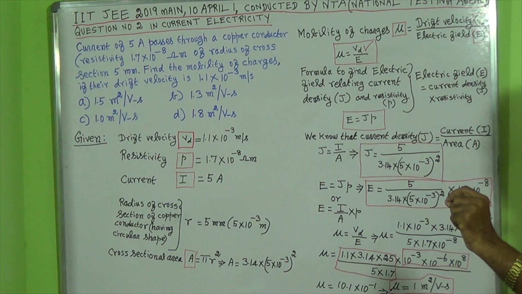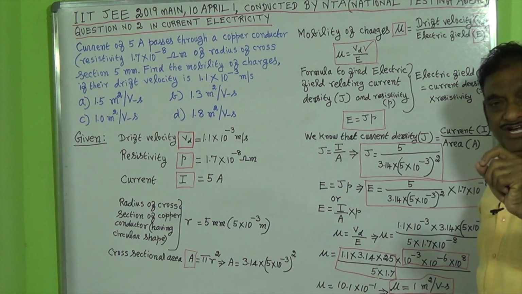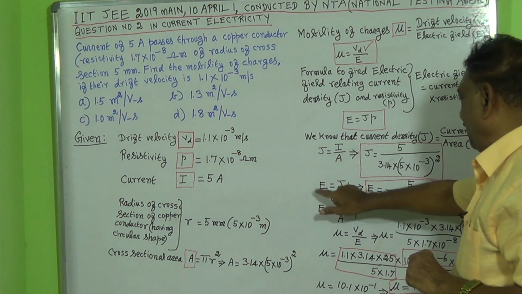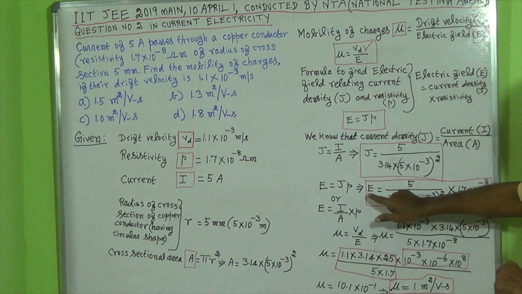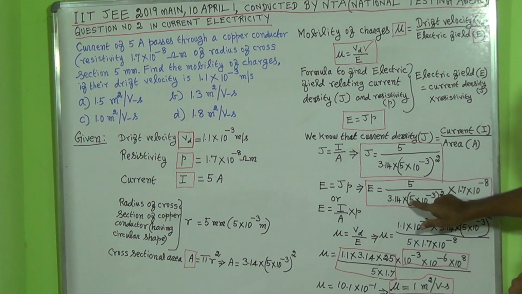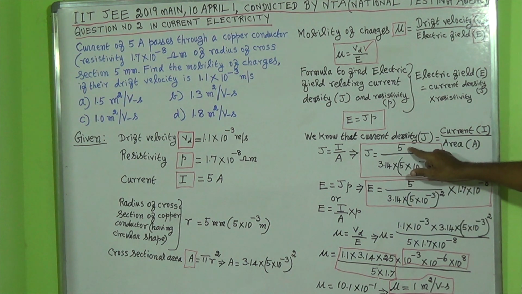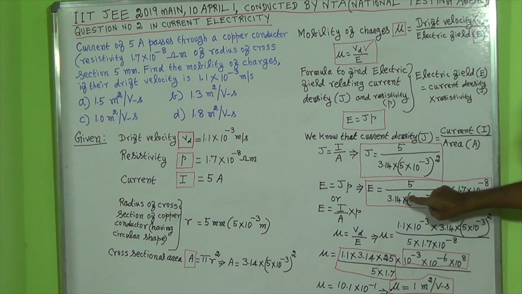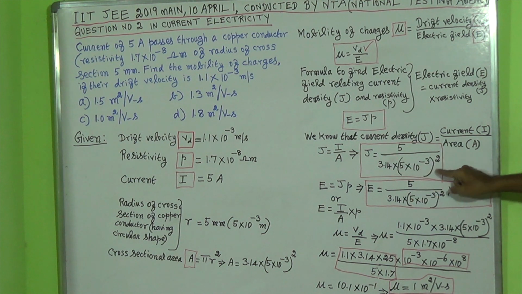If we multiply the current density with the resistivity, we will get the electric field. So therefore, electric field E equal to current density. What is the current density? We have determined the current density as 5 by 3.14 into 5 into 10 to the power of minus 3, the whole power 2.